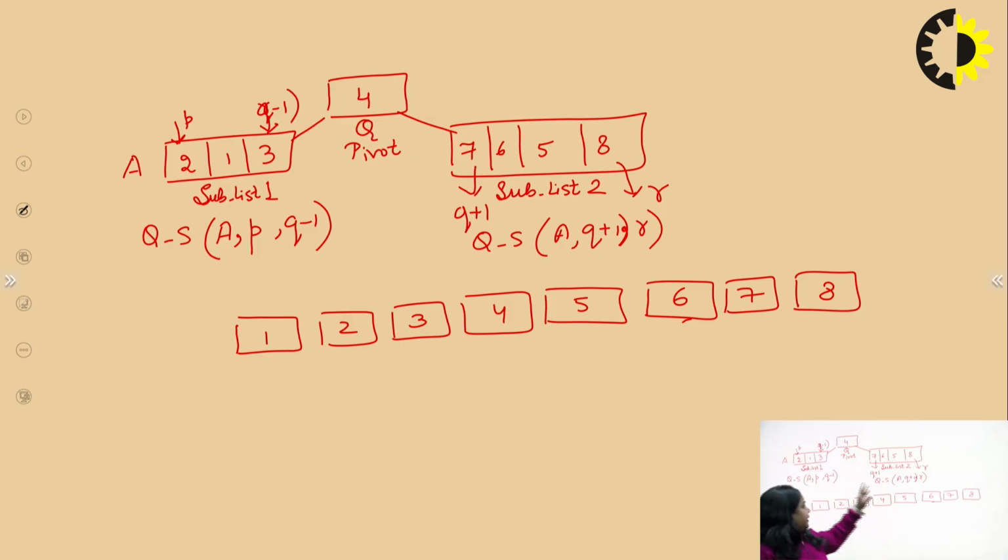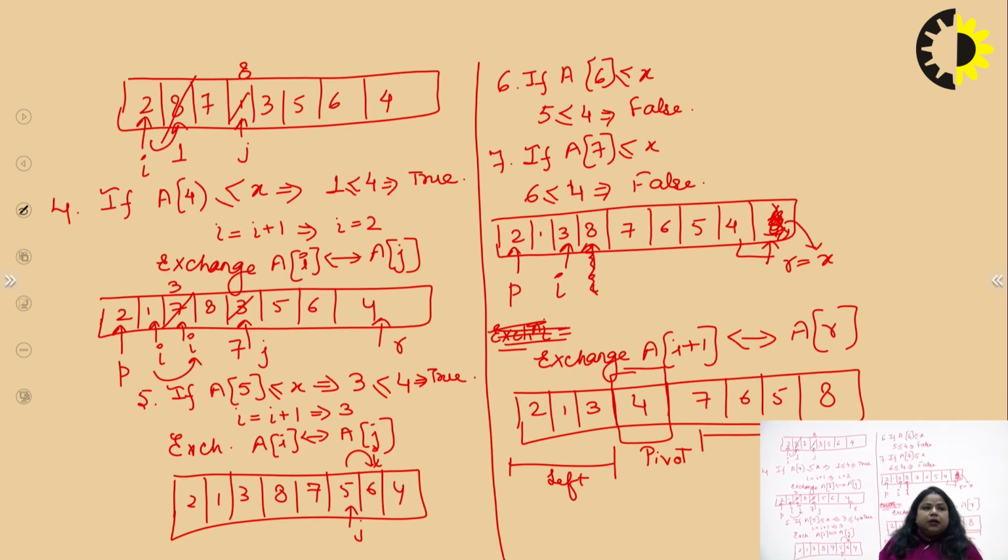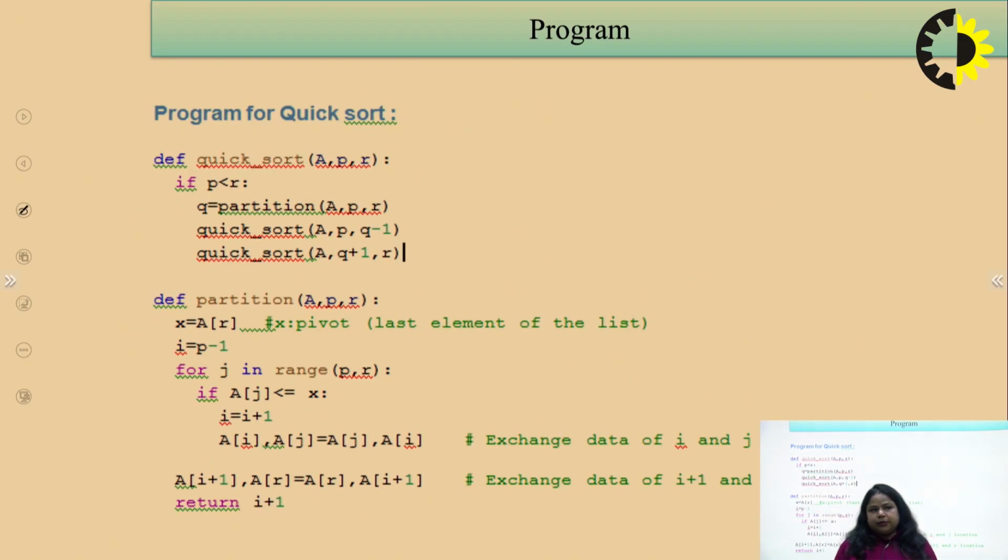Then it divides the list into two sublists, list 1 and list 2, and each is a single array onto which we have to apply the partition recursively until we reach the final answer, and in the final answer we get a sorted list, right?